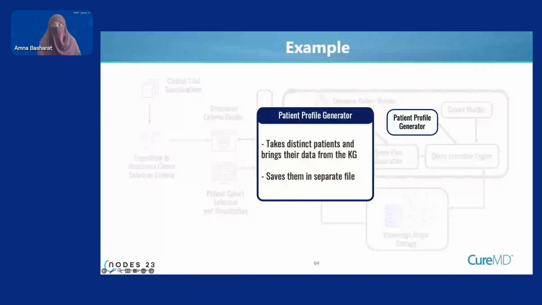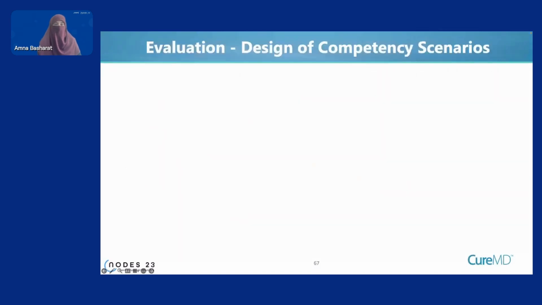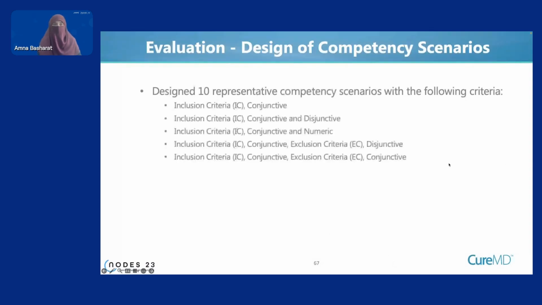Once we went on to evaluate, we identified some competency scenarios which were in different forms. For instance, we had a range of inclusion criteria and exclusion criteria with combinations of conjunctions and disjunctions.